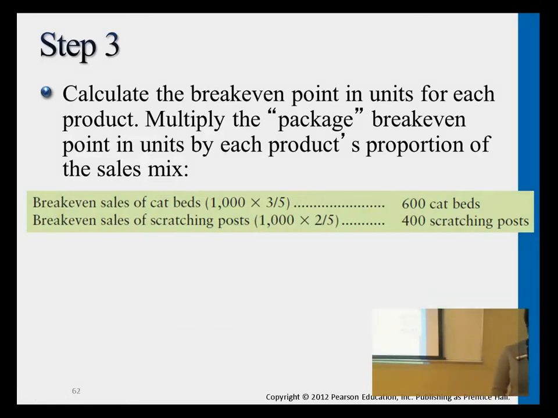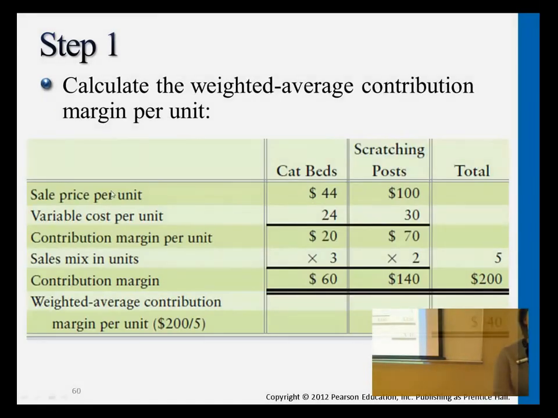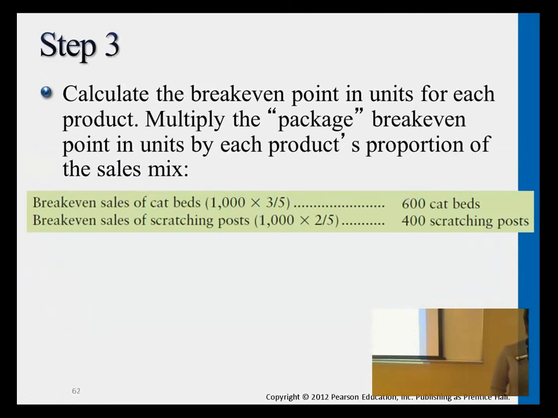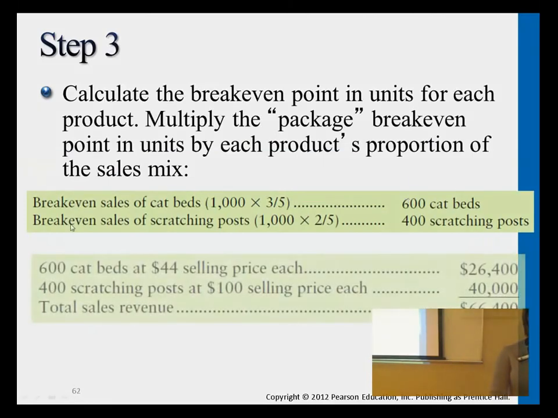Do you know where I got the 44 from? That's right here, sales price per unit. It's given to you. So I'll take 600 cat beds and multiply it by a selling price of $44. And trusting this number, that's 26,400.